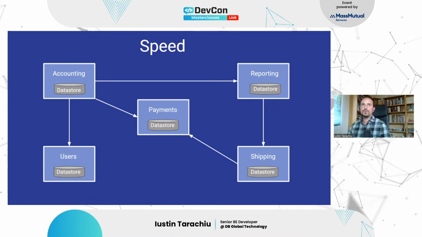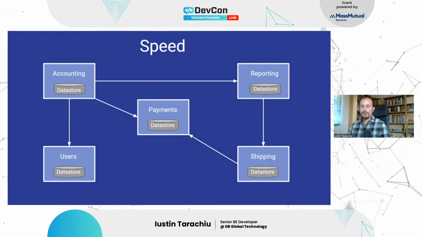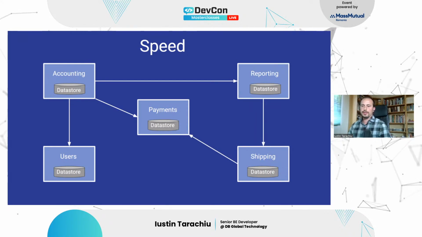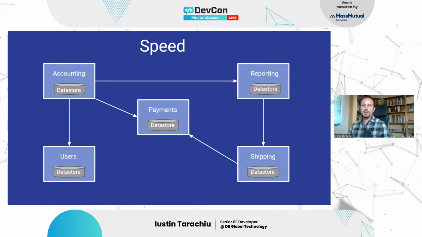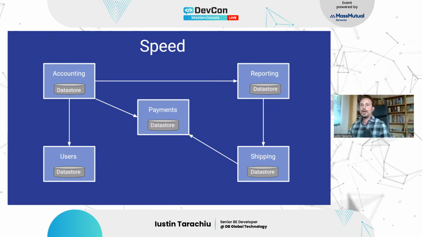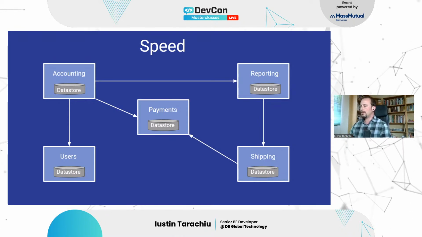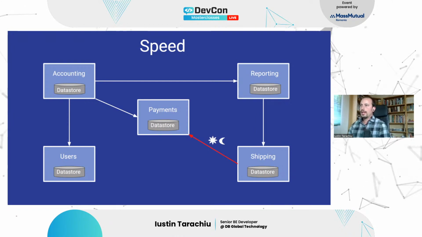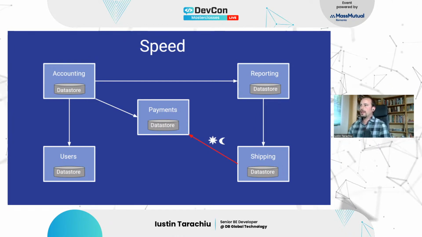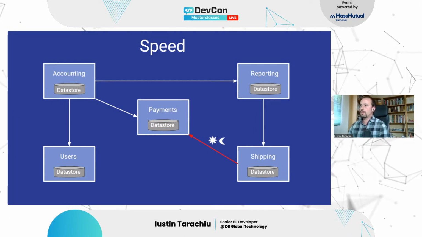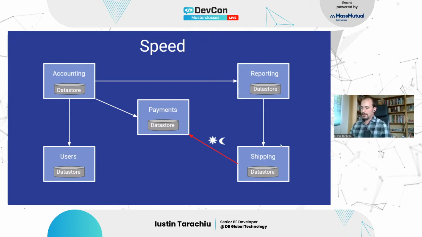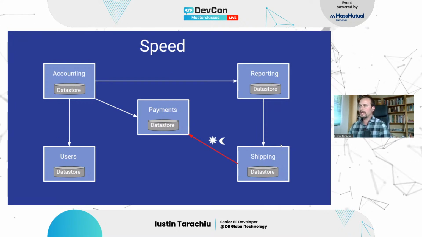But how can we improve the overall speed? Well, for once, we can try to be careful not to make too many calls one after the other, but maybe we can get a full batch of data. And there is another interesting idea. For example, let's suppose that when we want to make some reports, we have to take into account shipping data.